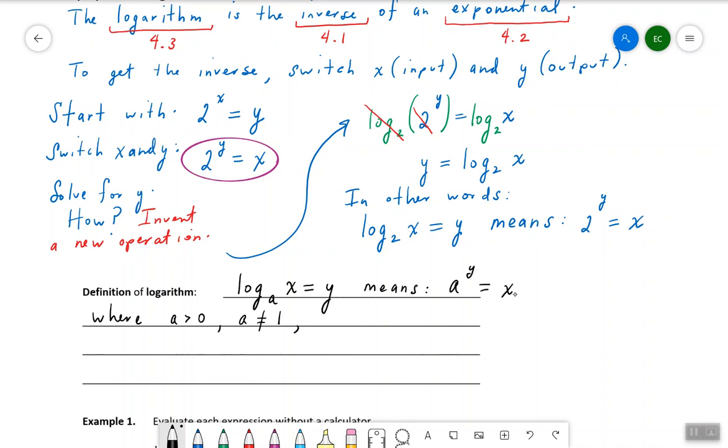And then x is the output from the exponential. Now, I understand that's a little weird. Usually you think of x as the input to whatever function, but remember, we switched x and y. So now x is the output from the exponential. Do you remember what the graph of the exponential looks like?